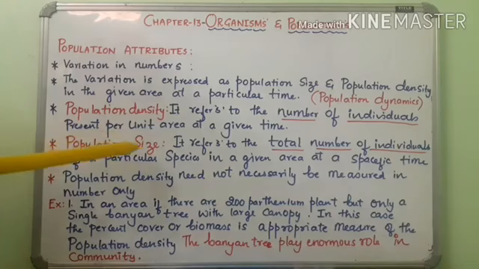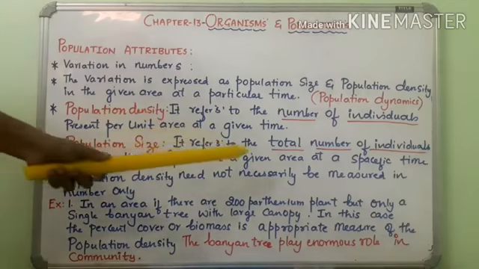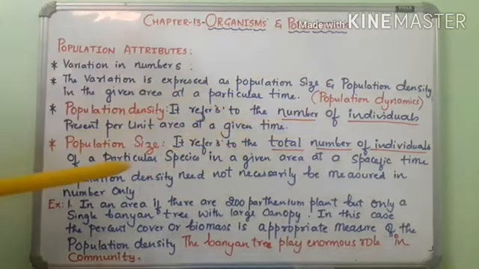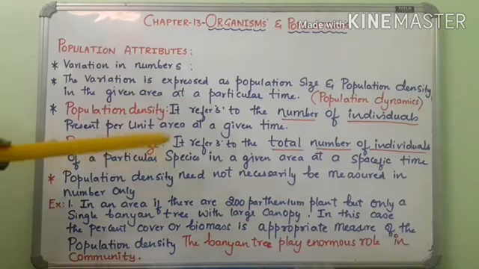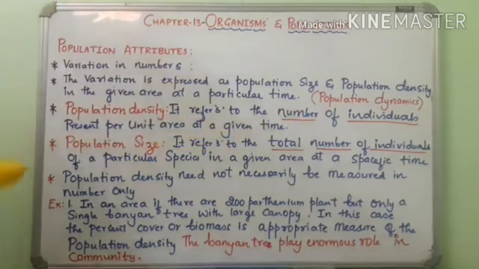Next is the population size. It refers to the total number of individuals of a particular species in a given area at a specific time. Entire Prerana College includes all A, B, C, D sections up to 10 sections, along with first year and second year. Together we are talking about the population size of the college.